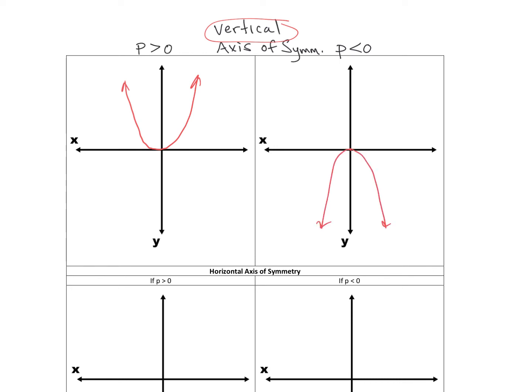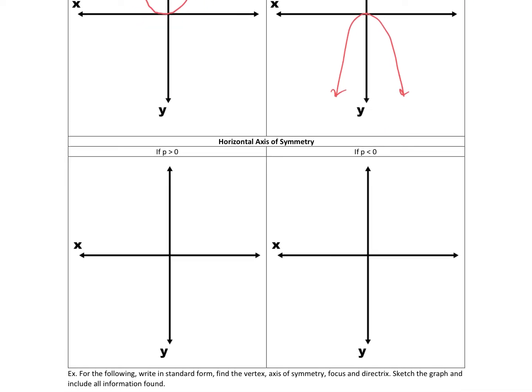So these would be of the form x squared equals 4py. Down here, if we have a horizontal axis of symmetry, these will be of the form y squared equals 4px, and if p is positive, it will open to the right, and if p is negative, it will open to the left.